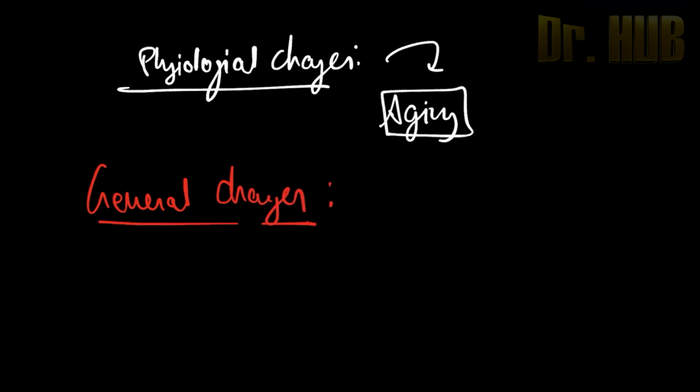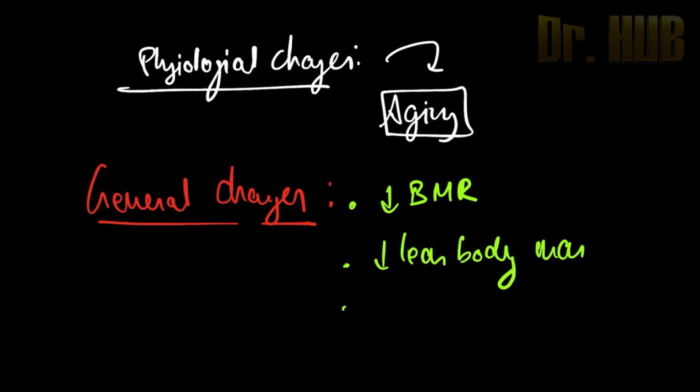What are the general changes? They include a decrease in the BMR, a decrease in lean body mass, as well as an increase in adiposity. So: decrease in BMR, decrease in lean body mass, and increase in adiposity.